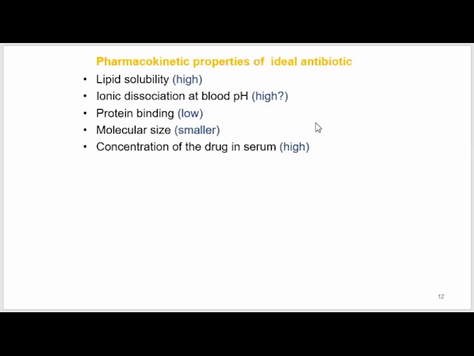Which plasma protein do you know that binds a lot of drugs? Miriam?